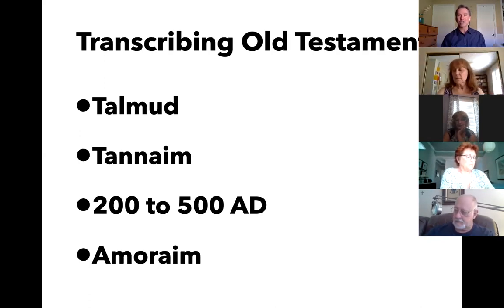Otherwise, you just had a bunch of consonants. And so the vowels gave you all sorts of clarity as to what the words meant. So the Masoretes were very diligent, and they really opened up a window of blessing for us later on.